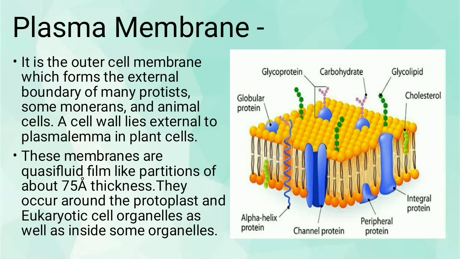They occur around the protoplast and eukaryotic cell organelles as well as inside some organelles. The term cell membrane was introduced by Nageli and Kramer for the outer membrane covering of the protoplast. It was replaced by the term plasmalemma or plasma membrane by Plowe. Tonoplast is a special term for the single membrane found around a vacuole.